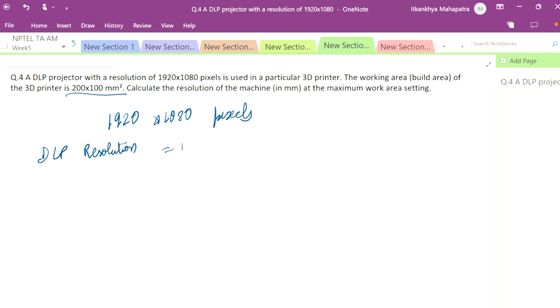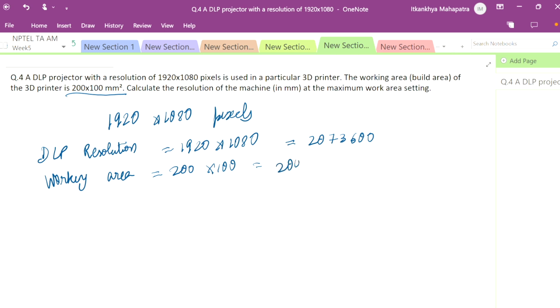DLP resolution is nothing, just calculate the total pixels. This will be 1920 into 1080. Let's calculate. This will be 2073600. Now the working area is 200 into 100.